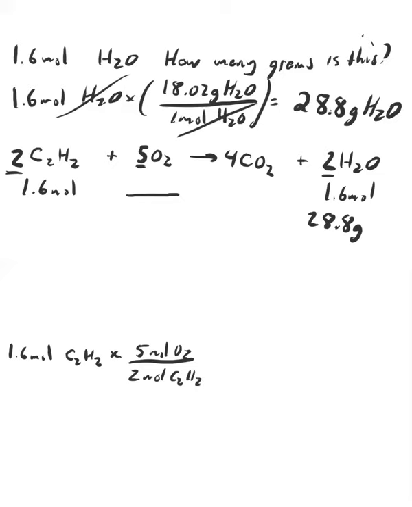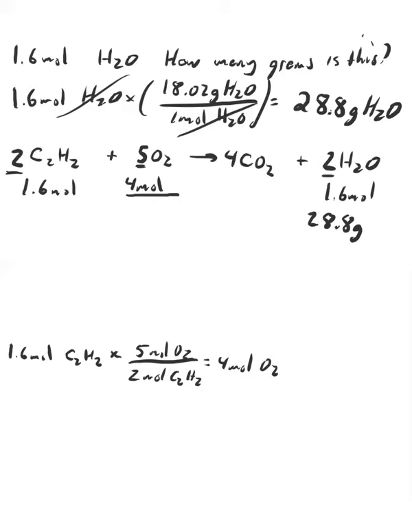Okay, so to find the moles of one material from the moles of another, you use those coefficients. The one you want divided by the one that you already have. So 1.6 times 5 halves, you get 4. Okay, so now we could say this is going to be 4 moles. That's how much of the oxygen will react.